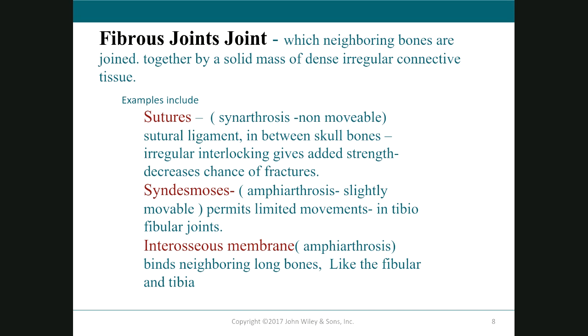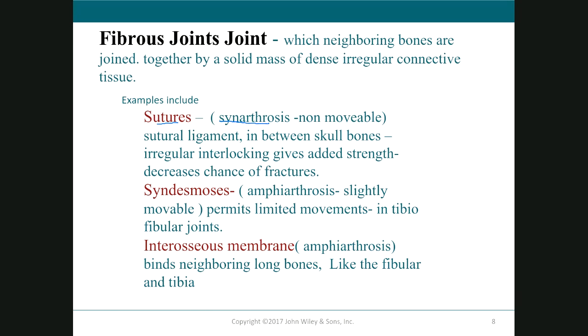So sutures are synarthritic. We do not want the bones in the skull to move because they're important in protecting our brain. These interlocking bones in the skull give strength and decrease the chance of fractures.